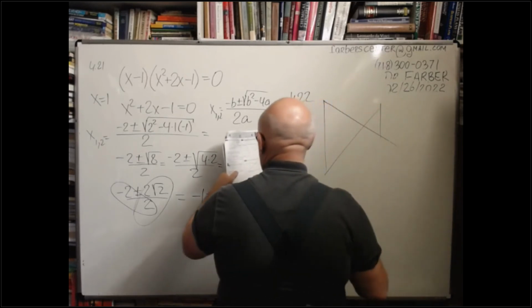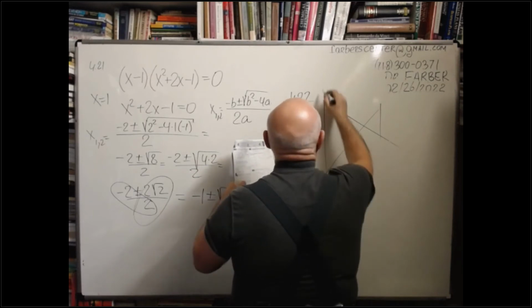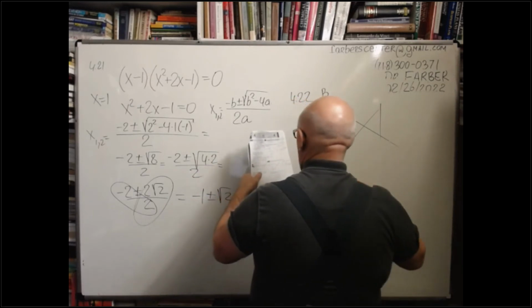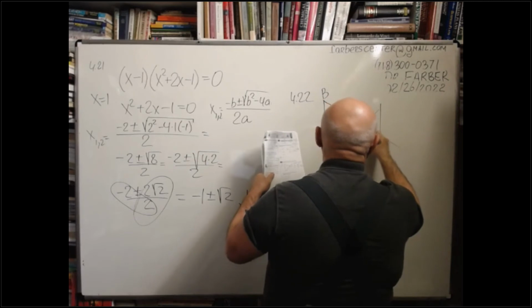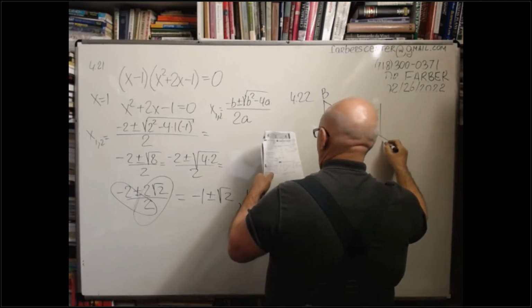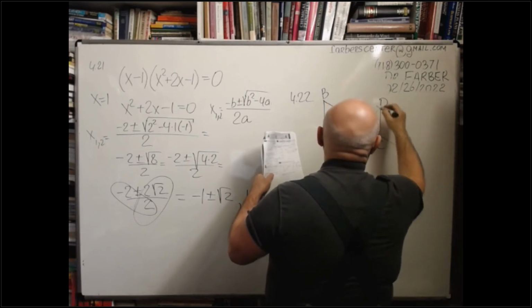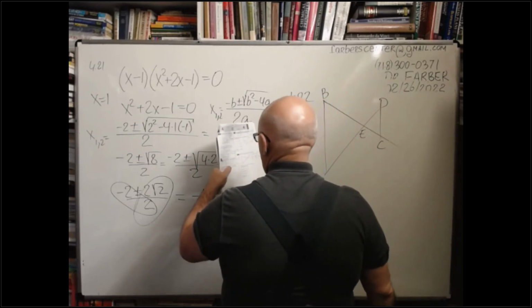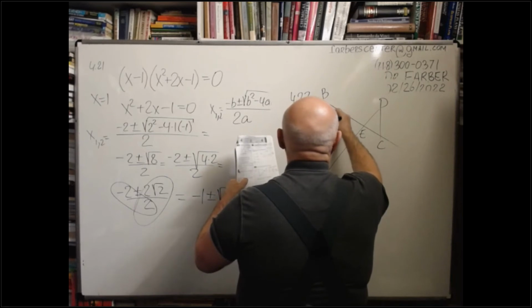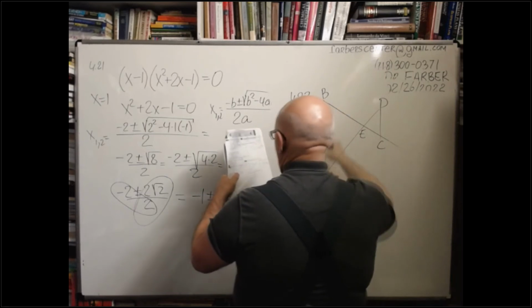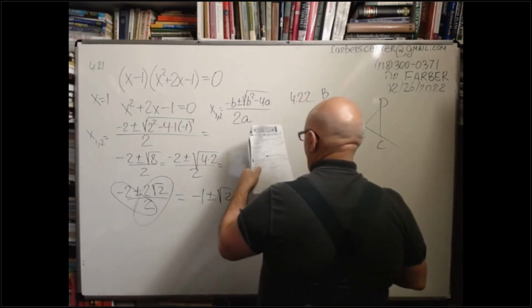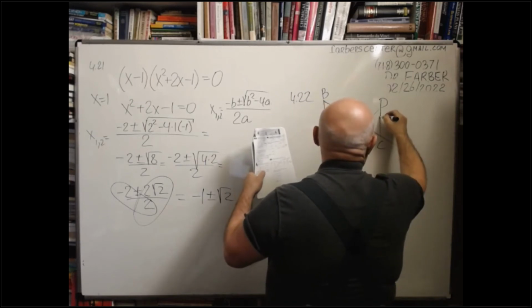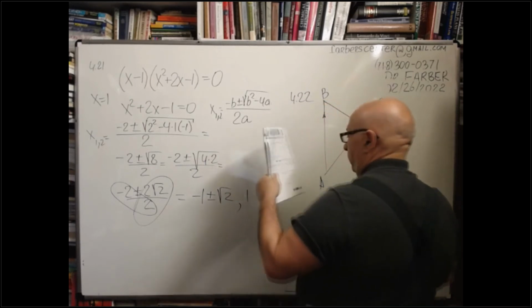A, B, E, C and D. And AB, where is AB? AB, in math we denote it parallel to CD. They are parallel, it means parallel.